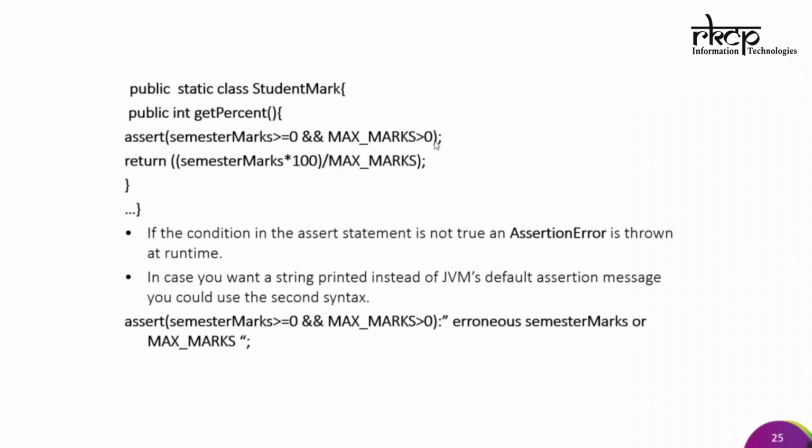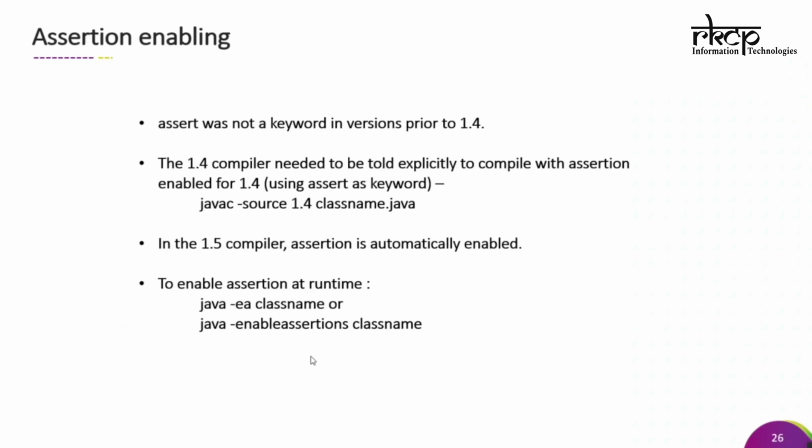So in the assert I have written a second condition. After that, if the condition is not fulfilled, it will print this message, like an error in our semester marks. Most of the time we use this assert part in our application, and in most places you will see assertion used this way.